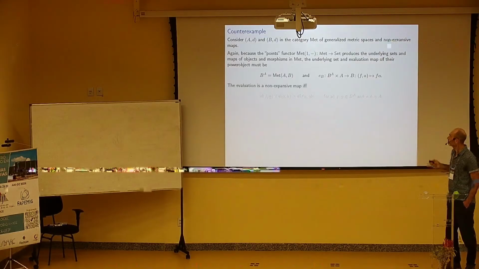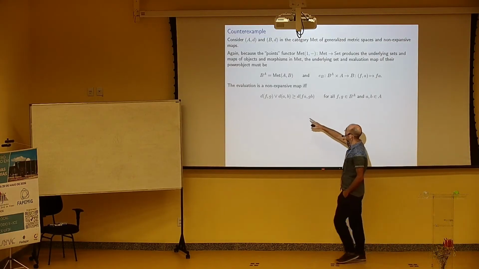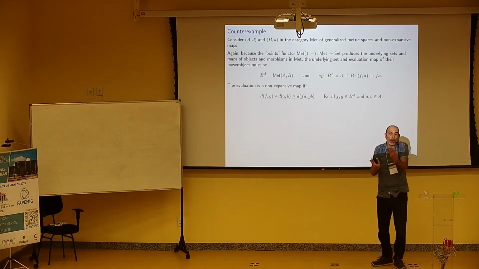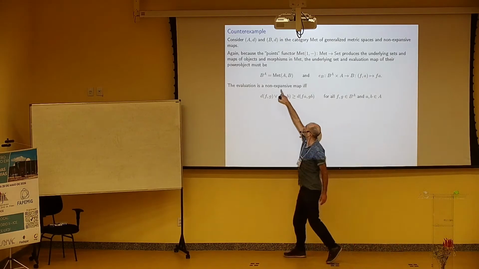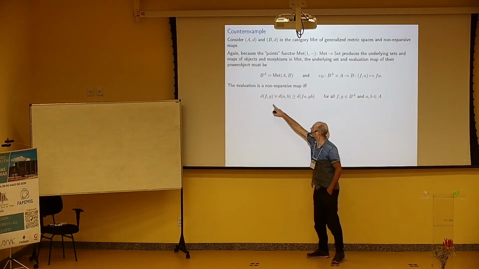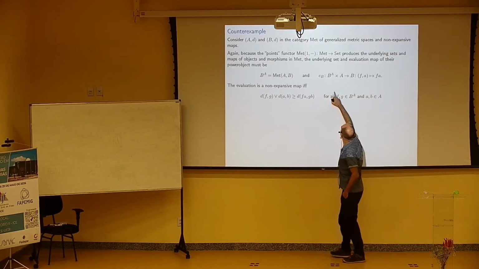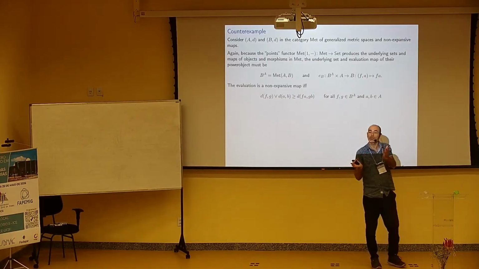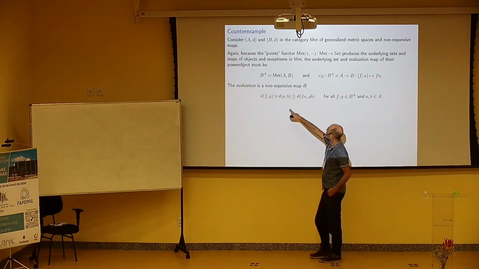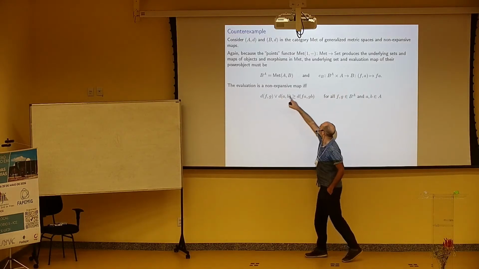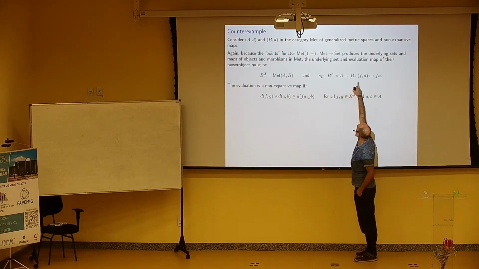So, just to repeat, I'm looking to define a distance between two maps. This is what I have to define. I have to put a metric structure on this set. I have to define a distance function. Distance between two maps, such that, so the product is a little bit weird. The product of two metric spaces is computed via the sup of the distances. So for any points A and B in A, I need to have that this is a map between metric spaces.